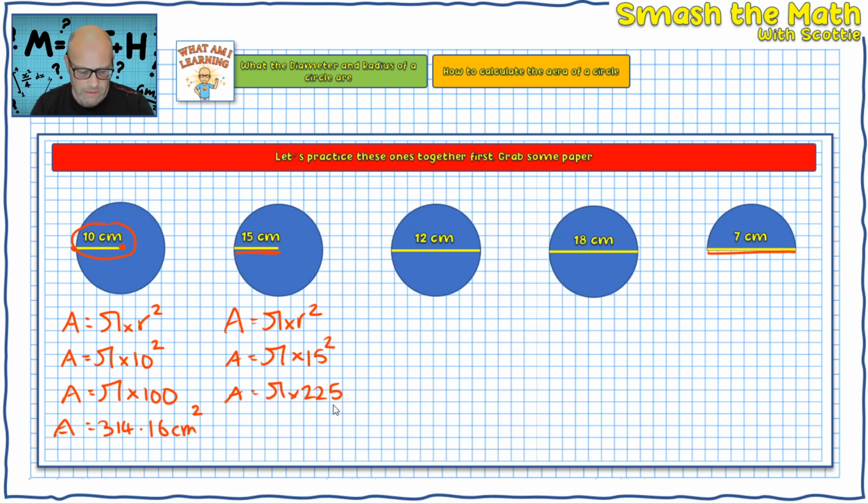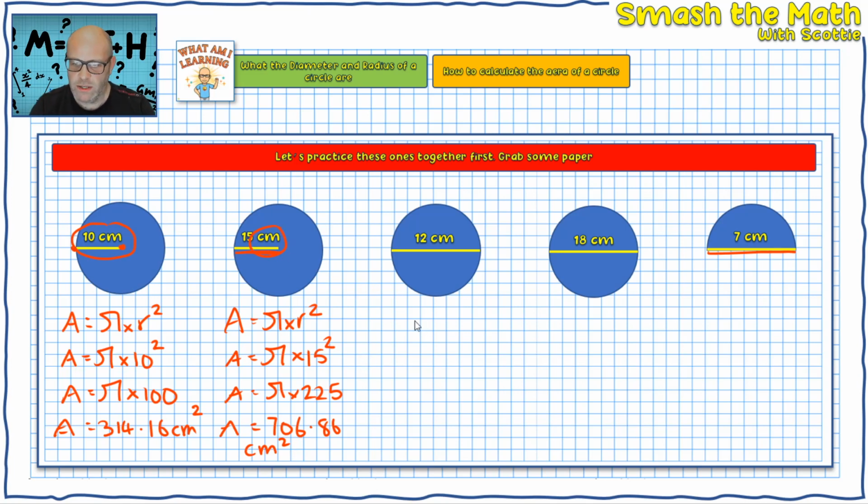Okay? So I'm just going to put that in my calculator and press the SD button. And my area is 706.86 centimetres, run out of space, centimetres squared. It's centimetres here, that's the units.